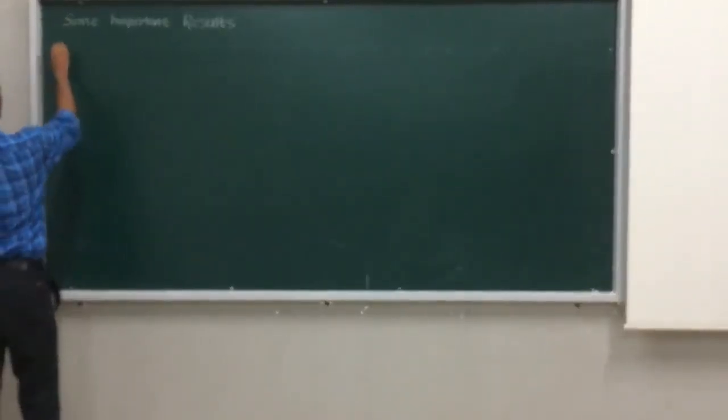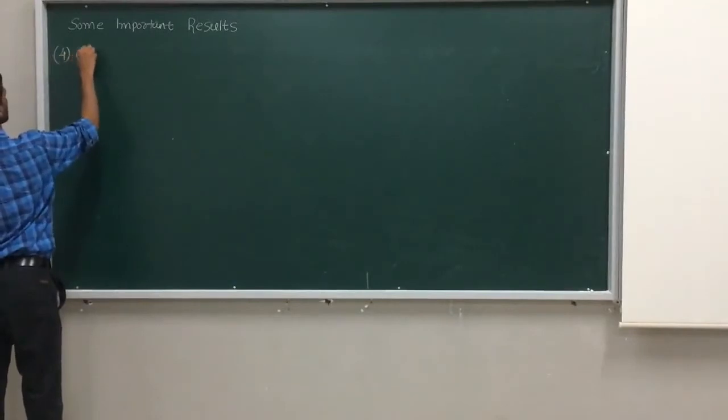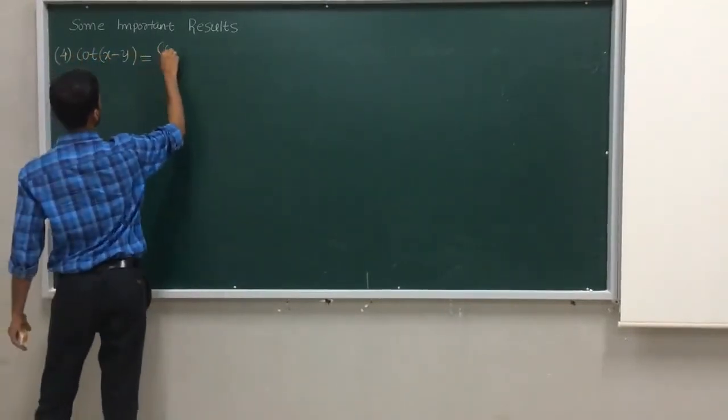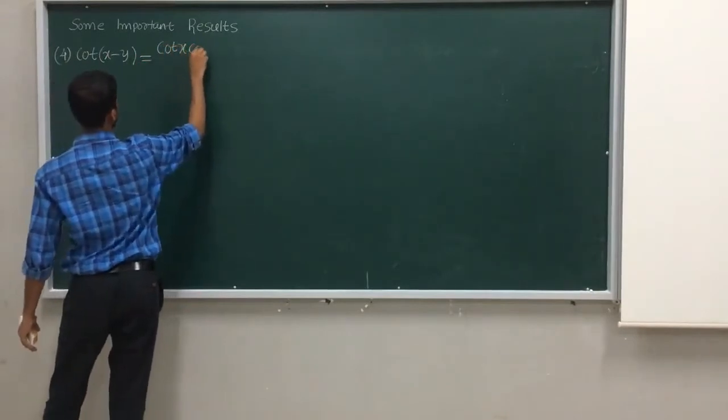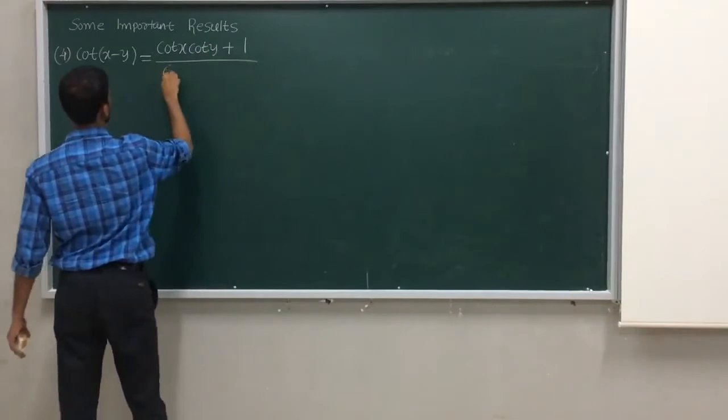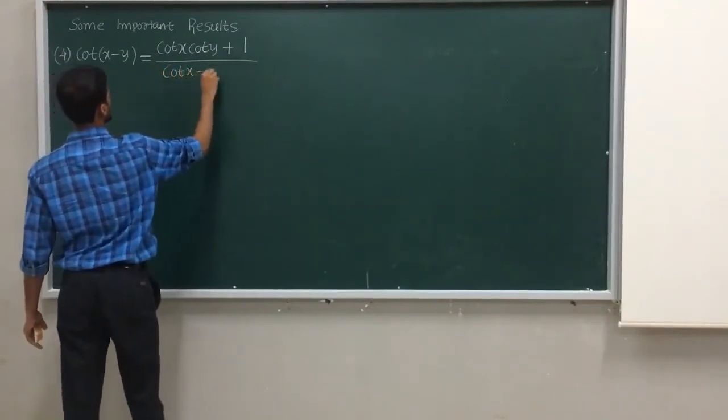So I guess it's number 4. Cot of x minus y is nothing but cot x cot y plus 1 upon cot x minus cot y.